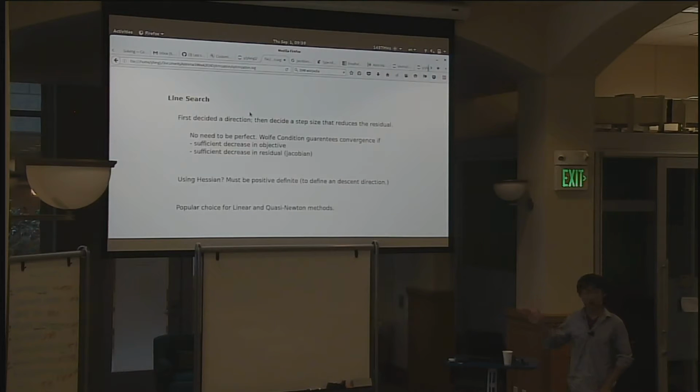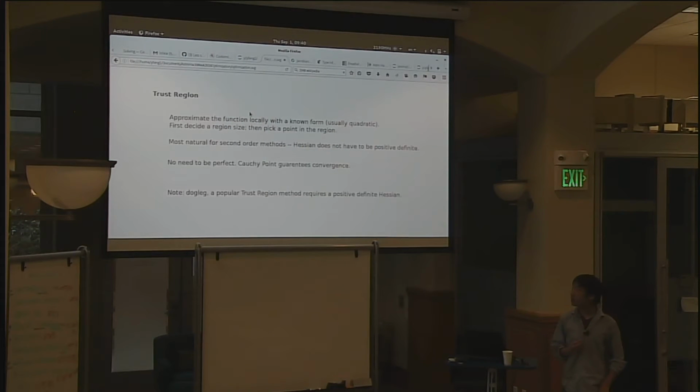Therefore, line search algorithms are really useful for gradient algorithms, which don't use Hessian, or quasi-Newton algorithms, which use an approximated Hessian. Because it's an approximated Hessian, it's not real, so we can require it to be positive definite, and then we can use line search algorithms. So that's line search.